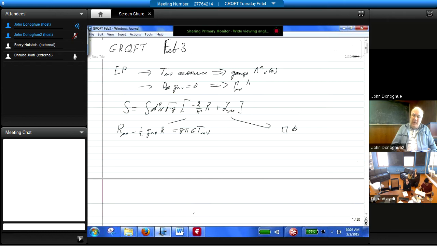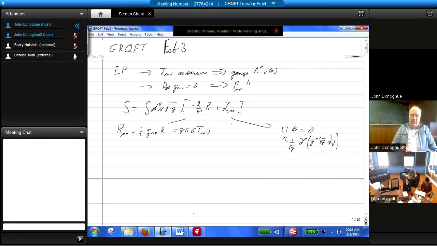And from this, we got box phi is equal to 0, with box being this modified version with the derivatives acting on g also.